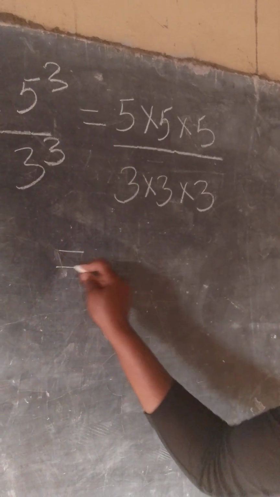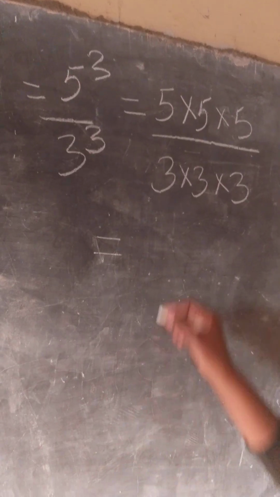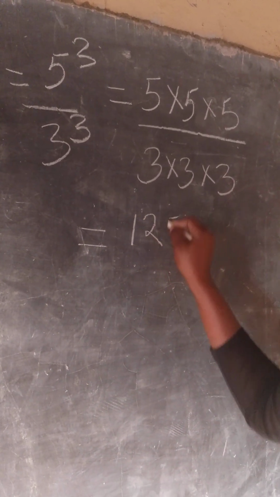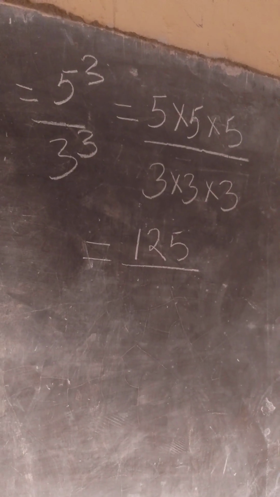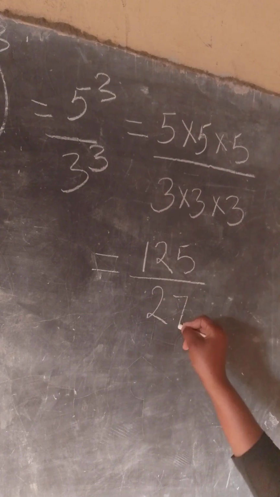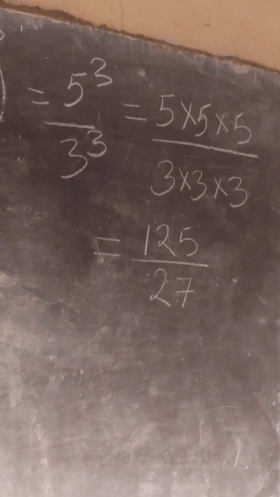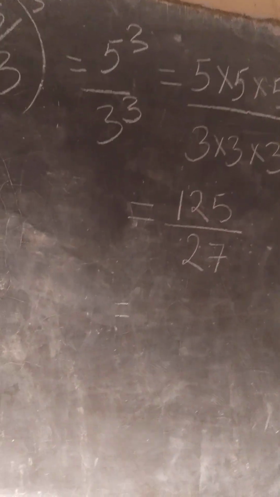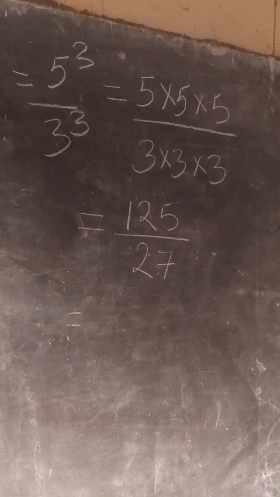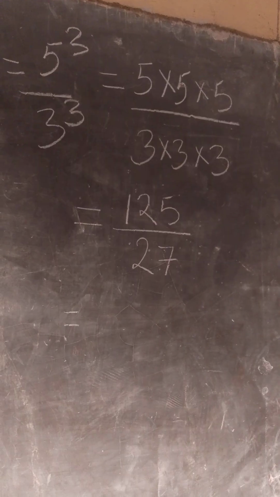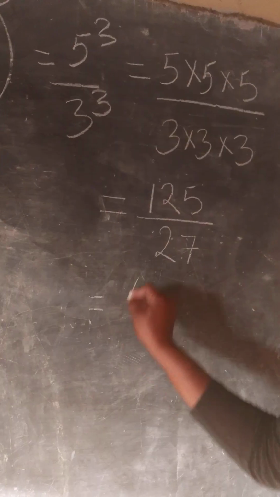And this is supposed to be, Beatrice, 125 divided by, Mutanu, 27. Can we leave our answer at that point? No. So we convert this improper fraction to a mixed fraction. What is 125 over 27 as a mixed fraction? Mutanu?